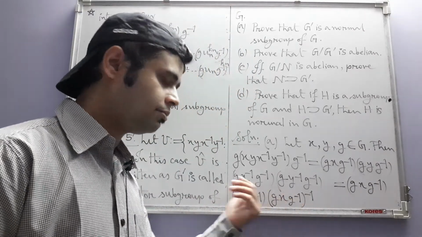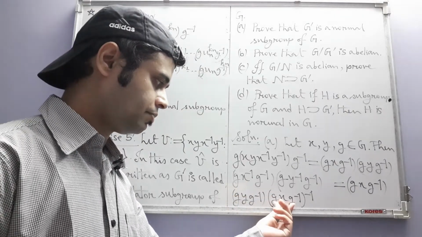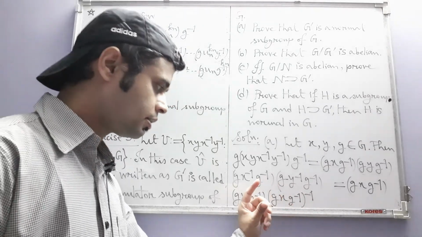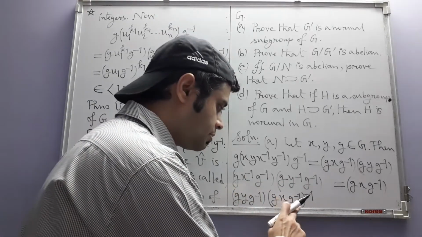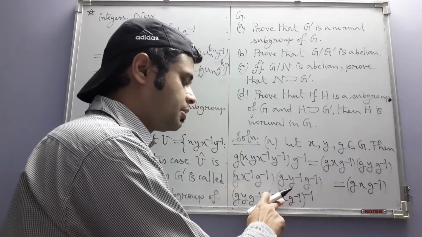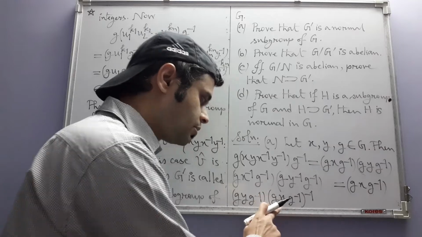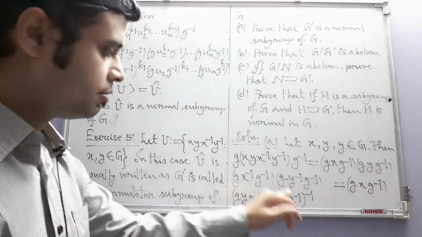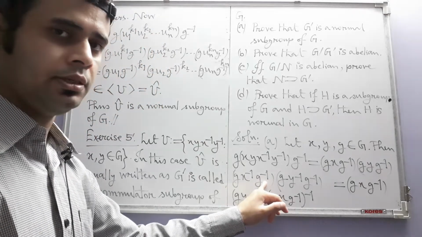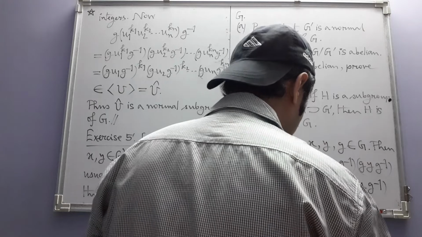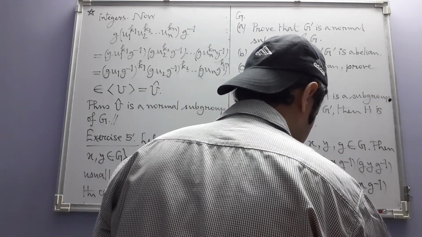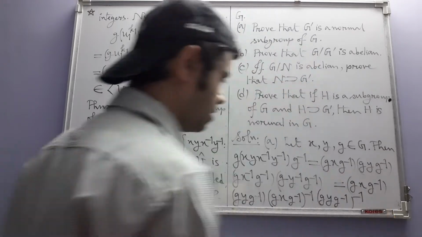When you take the inverse inside, by our rule for taking inverse of a product, the order changes. So we first have the inverse of g inverse times the inverse of x times the inverse of g. Inverse of g inverse is g, times inverse of x times inverse of g. Just like that, this last one becomes g y g inverse whole inverse.